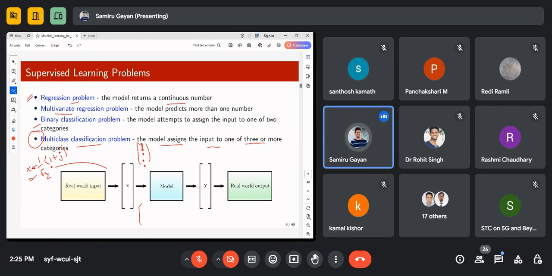So in general, you need to find a way to encode the input data in a proper way for the model. Then the model predicts something. For example, let's say it predicts this symbol itself. These are the four symbols, and I am transmitting this one. If the model predicts it correctly, the output may be 1 0 0 0. It says that the real-world input is actually 1 plus j.